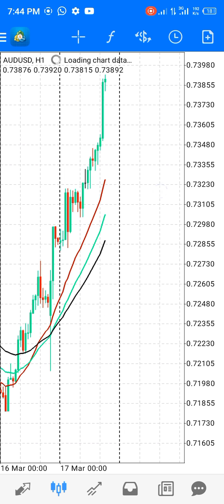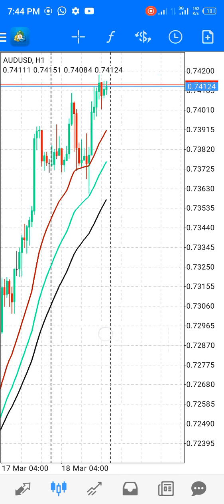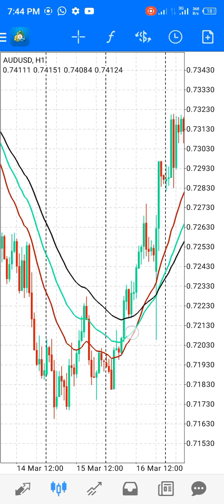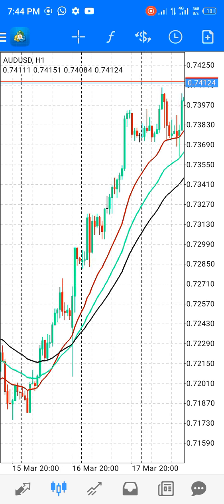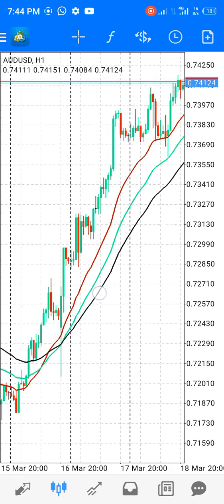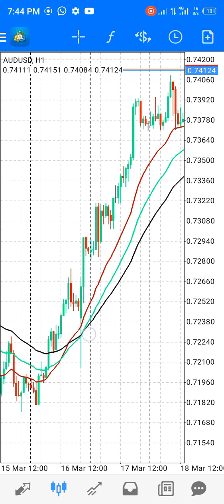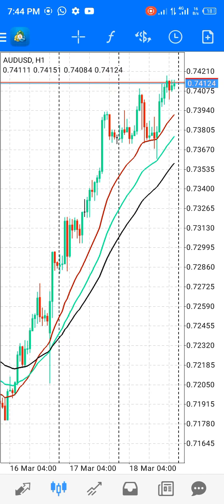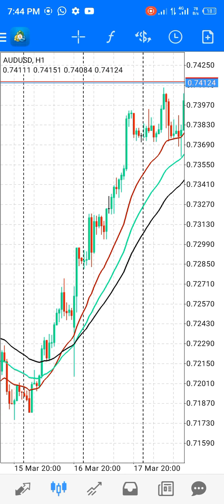And let's look at AUD USD. You can see the market, there was a crossover here, and the black moving average is below. I told us that we buy.